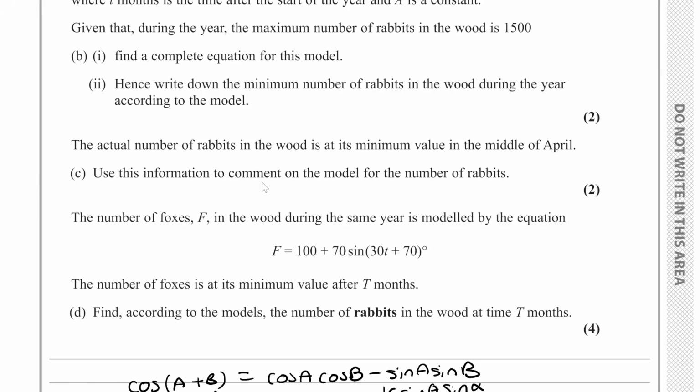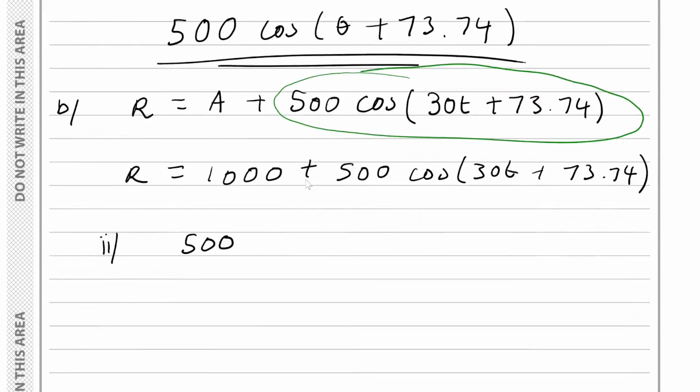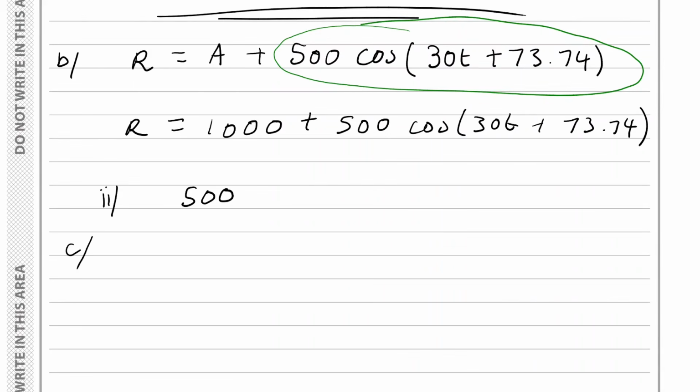The actual number of rabbits is at its minimum in the middle of April. Use this information to comment on the model. So when is the minimum on the model? It's the minimum when R is 500, or when the cos part equals negative 1. So cos(30t plus 73.74) has to be equal to negative 1.